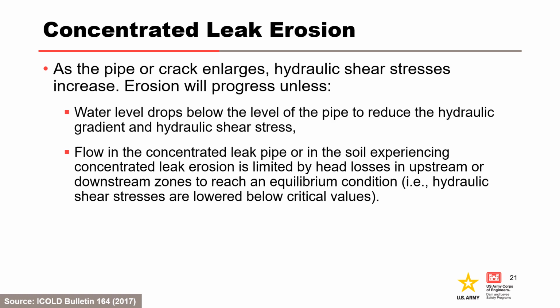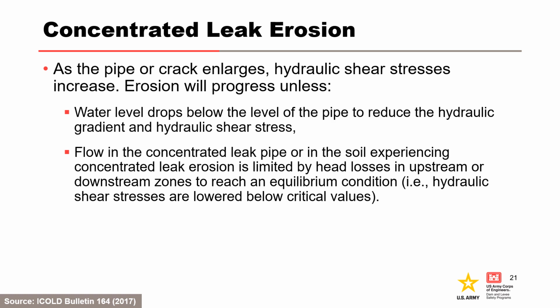For concentrated leak erosion, as the pipe or crack enlarges, hydraulic shear stresses increase. Therefore, erosion will progress unless the hydraulic conditions change to reduce the hydraulic shear stress causing the erosion. In small reservoirs, the water level can drop below the level of the pipe to reduce the hydraulic gradient and hydraulic shear stress.